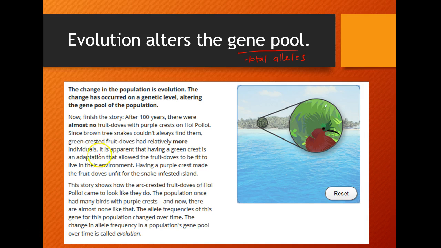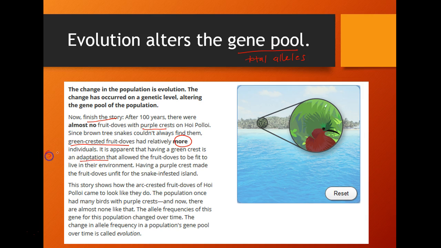Okay, so the conclusion of the story was after 100 years there were no more purple birds, right? And the brown tree snakes were unable to find the green-crested fruit doves, so there were more of those. So it is apparent that having a green crest or those feathers is an adaptation, right?